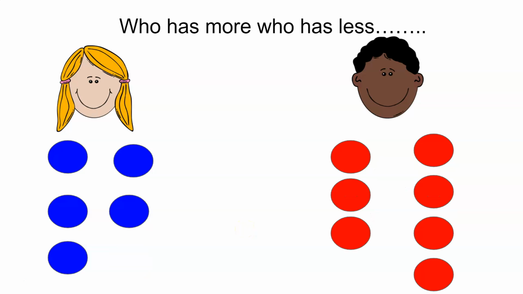All right, who has more and who has less? How many does Jane have? Jane has 5. How many does Sam have? Sam has 7. So Sam has more than Jane and Jane has less than Sam.